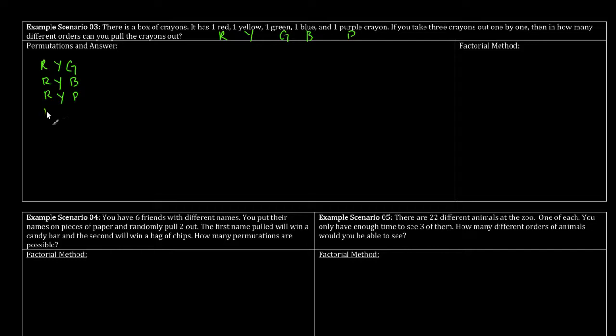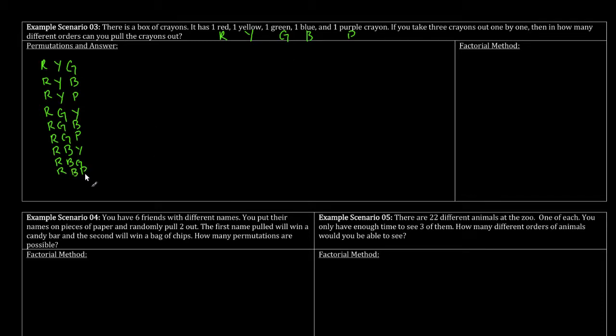So if we put red and then green, we could put yellow: red, green, yellow; red, green, blue; red, green, purple. Let's do red, blue: red, blue, yellow; red, blue, green; red, blue, purple.